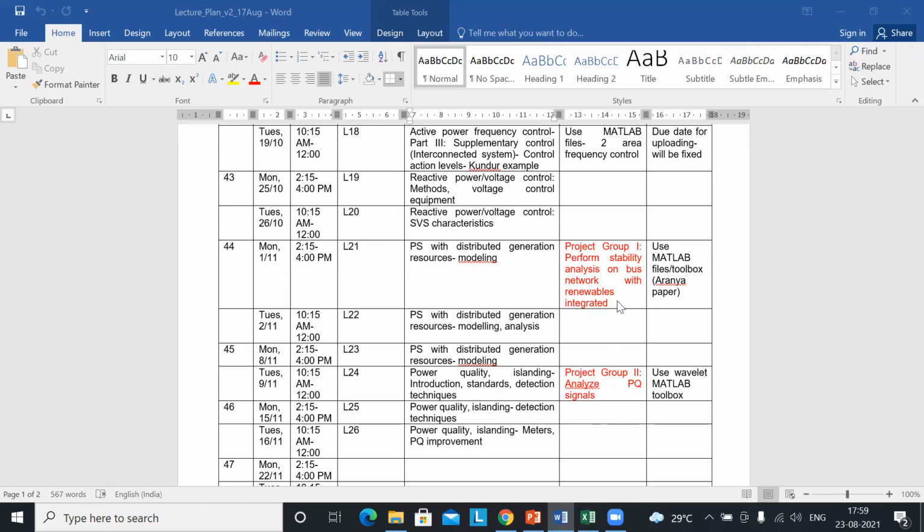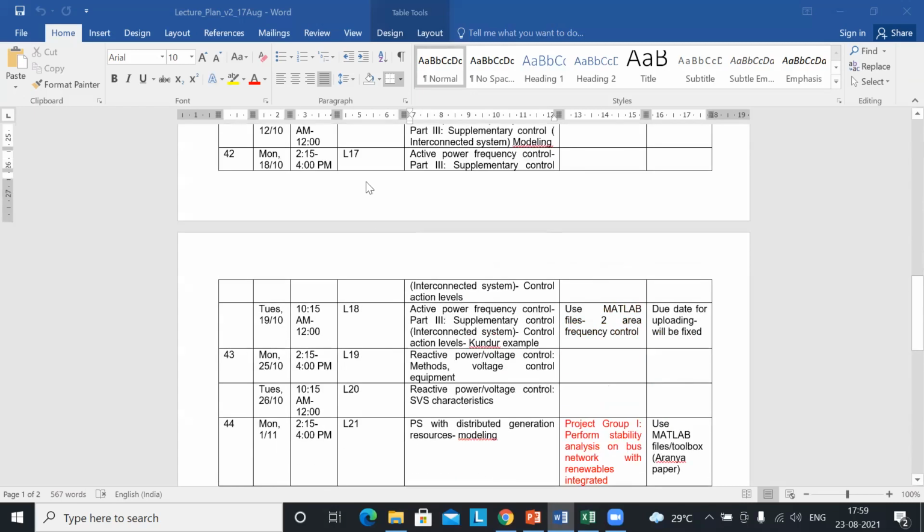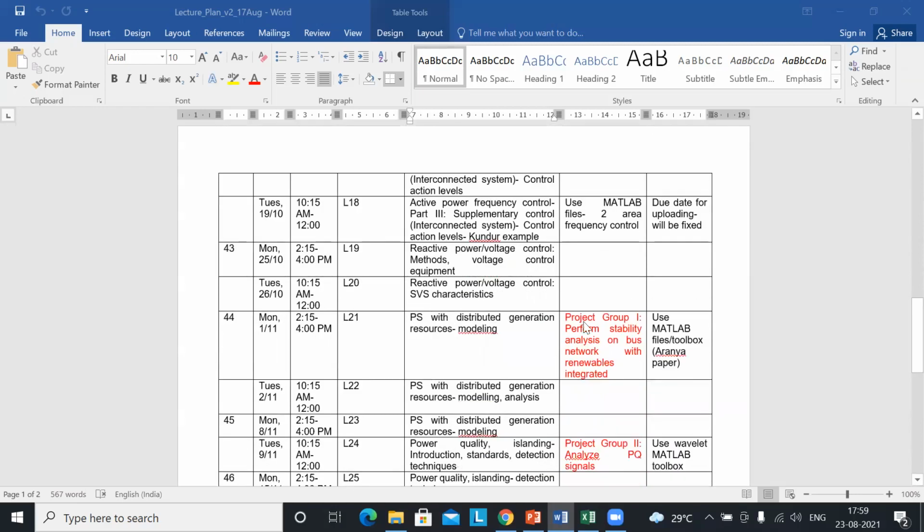I think for this course, as I know, we have 5 students registered. So you can decide in your group what will be group 1 and group 2, and which problem you want to work on. And then for the project group, I wish that we will discuss in more detail when we have progressed through the lectures.